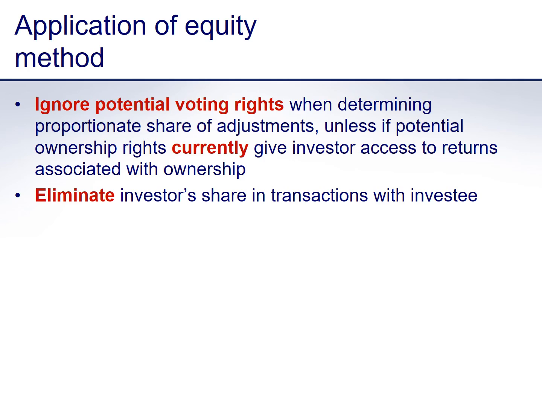If I was to exercise, I would have 30%, which takes me above the 20% threshold for significant influence. Although I haven't yet exercised those voting rights, if I was to exercise them, I would have significant influence, which means I meet the definition of an associate, but my equity accounting would be on the 10% that I currently have. Any intra-company transactions are eliminated to the extent of the investor's share in the investee.